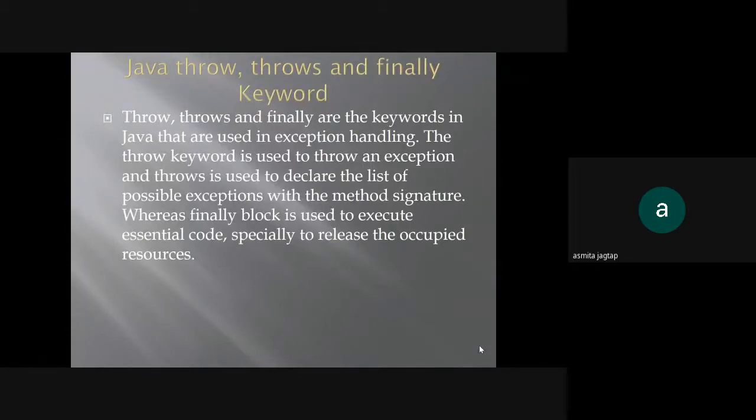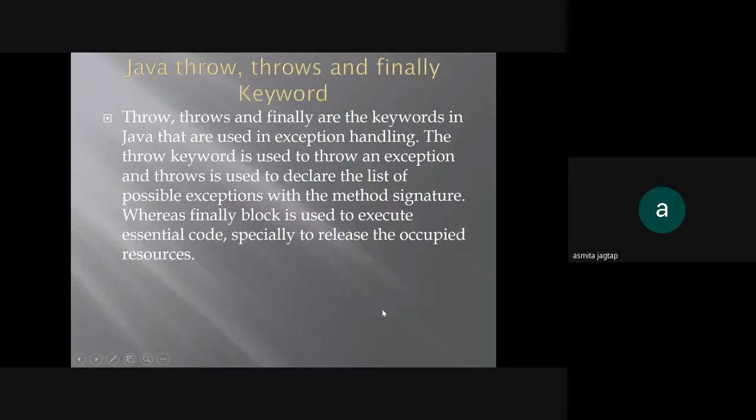Okay, if a file pointer is present or an open file is present when you are writing any code and you have opened the file, and somewhere you use that file's object and you forget to close it, that time the finally block will close that.